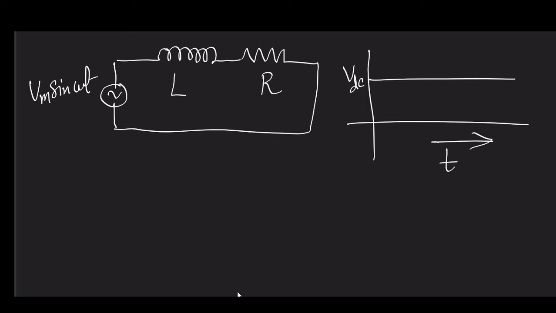If you neglect any regulation across your source, you will get almost a constant voltage across your source, and accordingly that constant voltage will appear across your LR series circuit. But what would happen when we change this voltage to an alternating one like this?